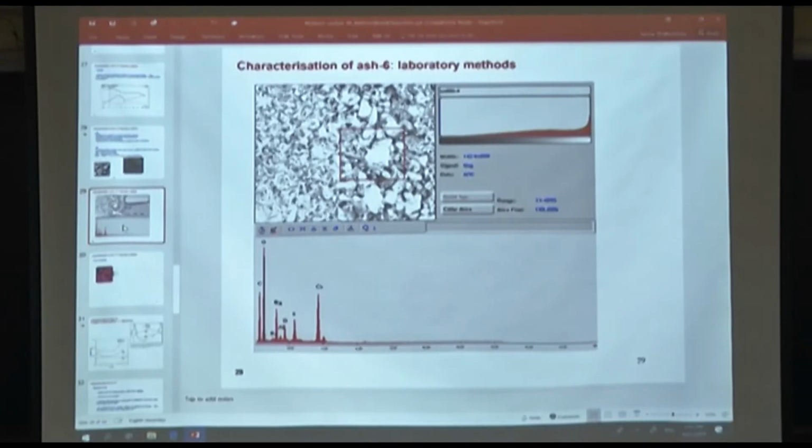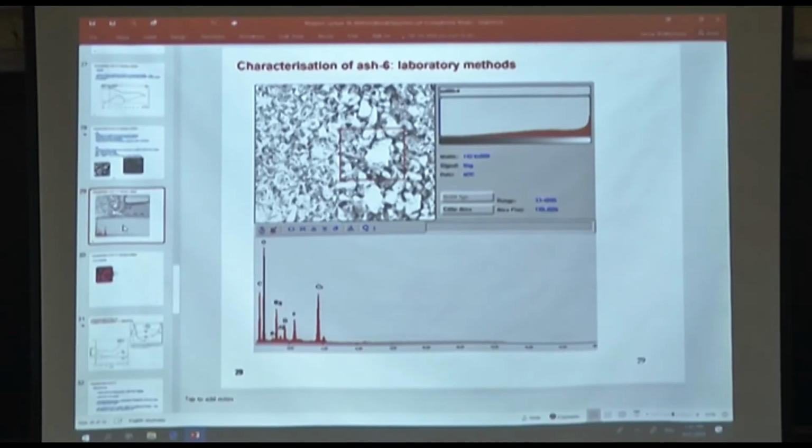X-ray diffraction is slightly different, as you rightly pointed out. You can also subject this particular deposit, you have to grind it to a certain size and then subject it to X-ray diffraction. X-ray diffraction will give you more or less the exact compound, matching it with its internal database, only if the compound is crystalline.